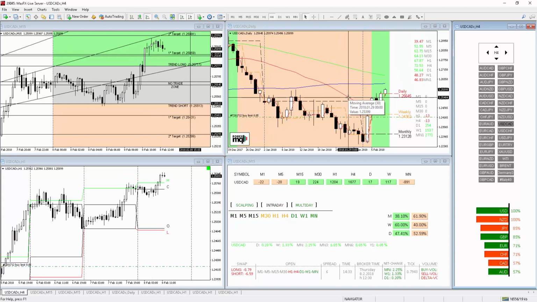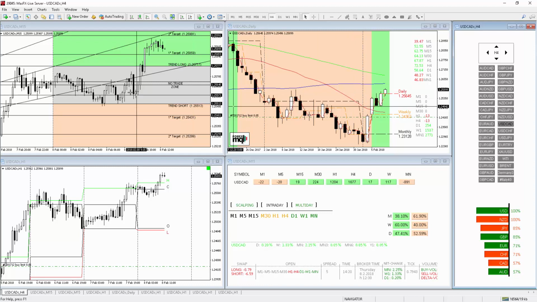US dollar Canada is moving in a bullish tendency just above the previous daily high. Now the market is correcting down from the daily fan at the intersection with target number 2 of the target geometry at 125.99. In fact, we have a bearish price action at a scalping and intraday level.